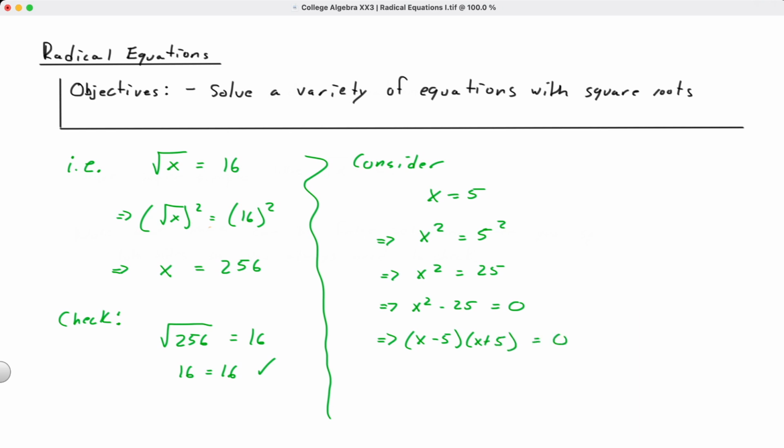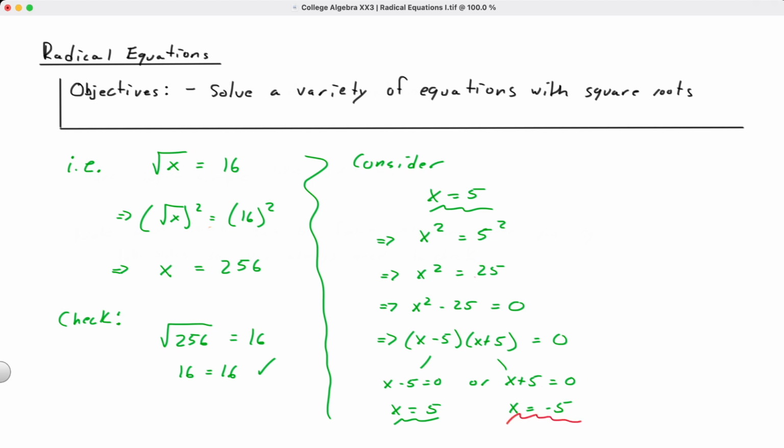And then we can use the zero factor property to solve for when x minus 5 is equal to 0 or x plus 5 is equal to 0, giving us x is equal to positive 5, which does match what we had at the beginning, or x is equal to negative 5, which does not match what we had at the beginning.